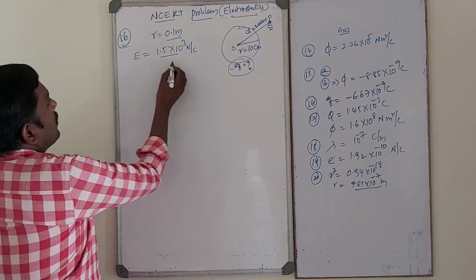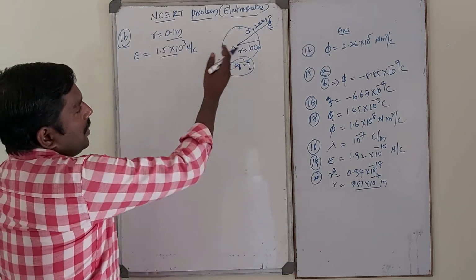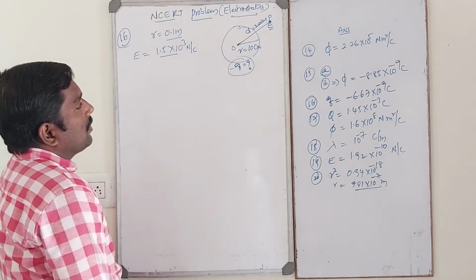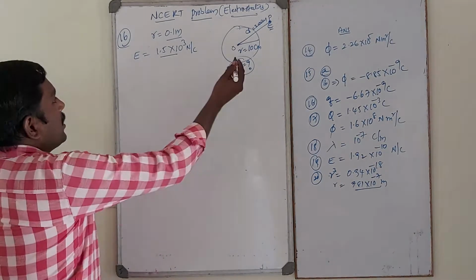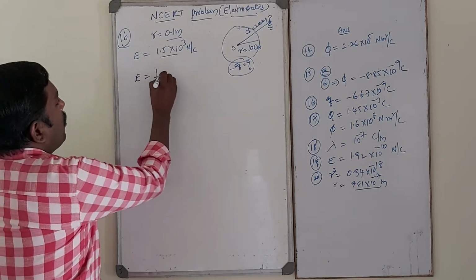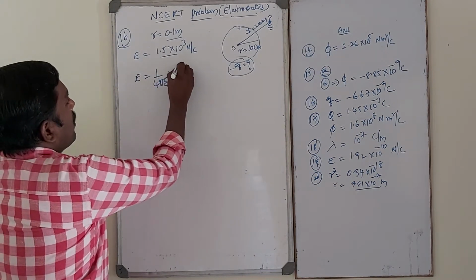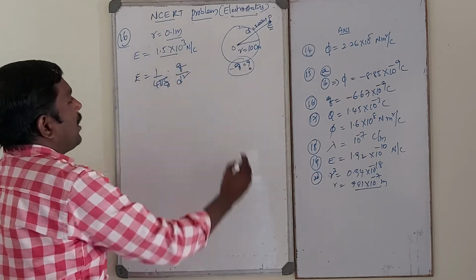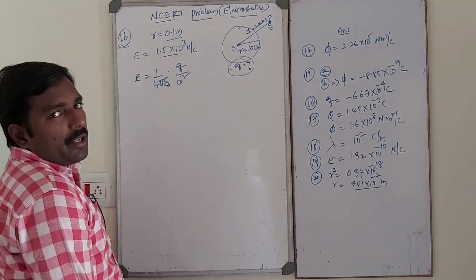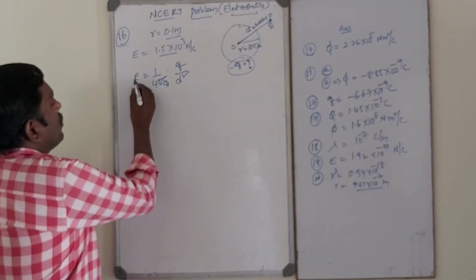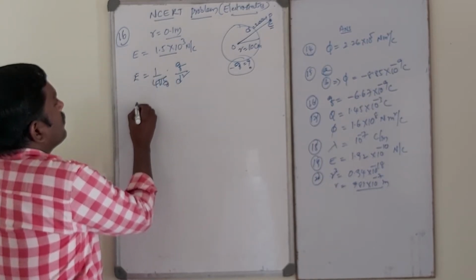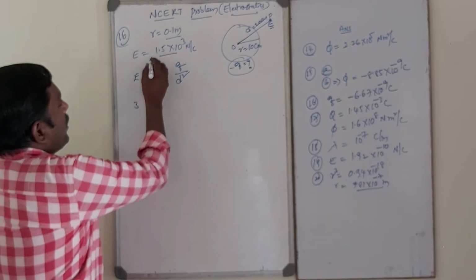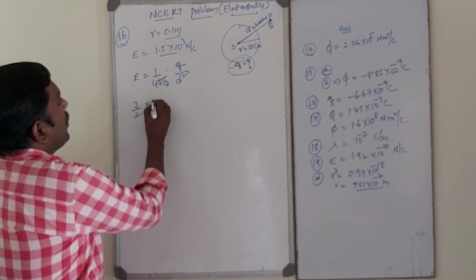Okay. So, dear students, using one of the applications of Gauss law, electric field due to a spherical shell outside the sphere, E is equal to 1 over 4 pi epsilon naught Q by D square. So we calculate the Q. What is the value of E? 1.5, that is 3 by 2 into 10 power 3.